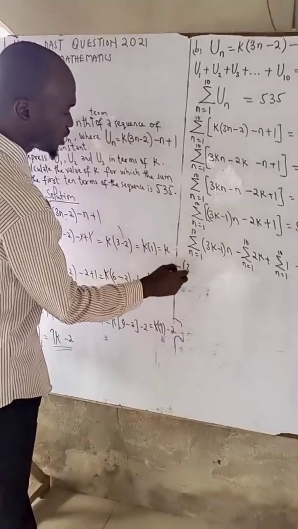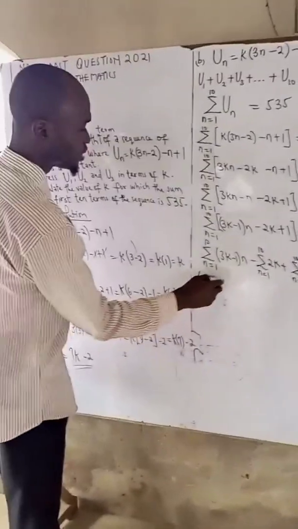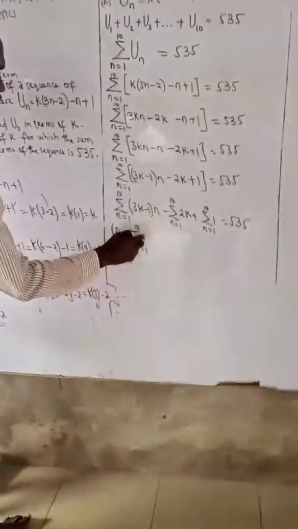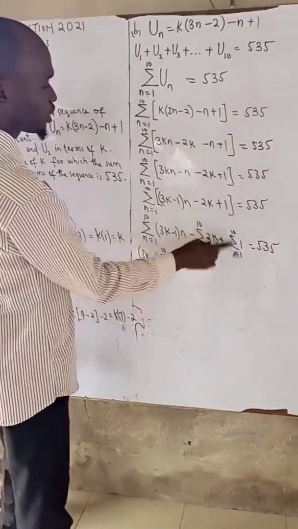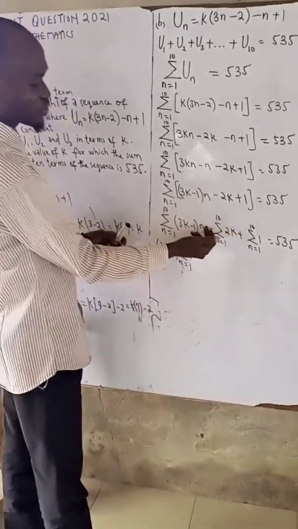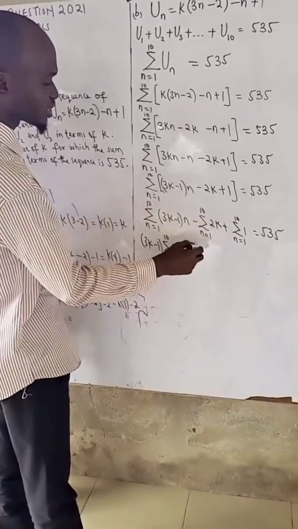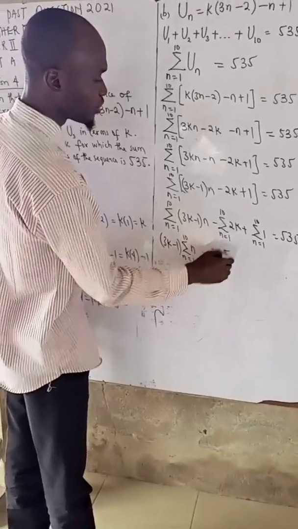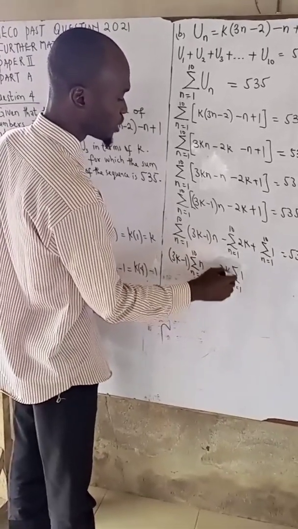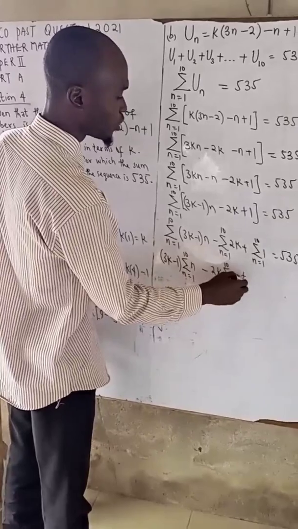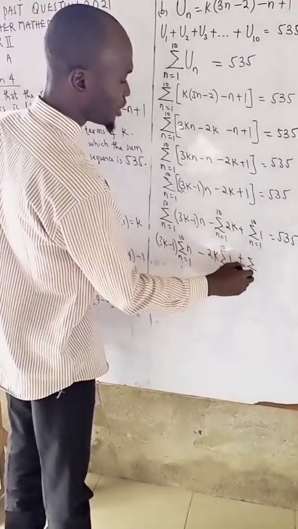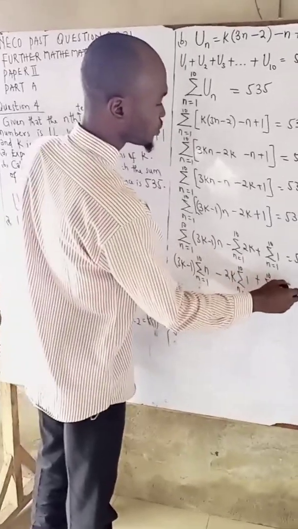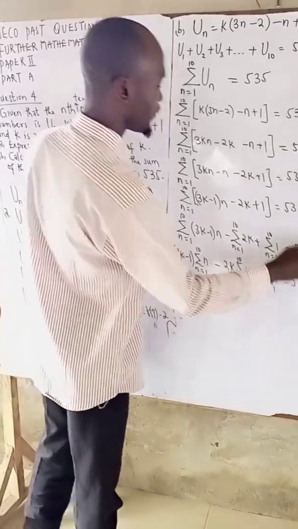I have (3k - 1) sigma from n equal to 1 up to 10 of n. Minus 2k is also constant. If I factor out 2k, then 1 remains inside. So I will have 2k sigma of 1 from n equal to 1 up to 10, plus sigma from n equal to 1 up to 10 of 1, which will give me 535.